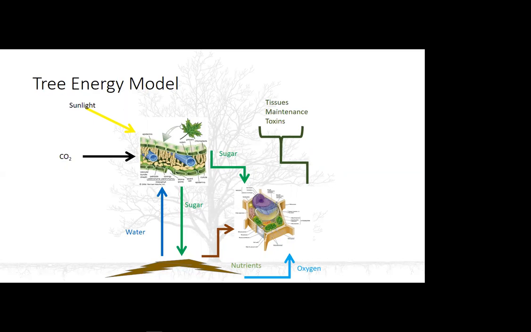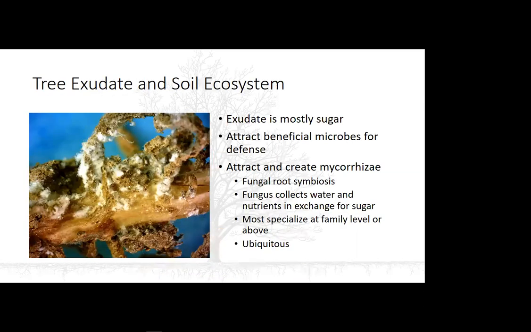There's one other important thing that the tree does with its sugars, and that is create exudate. Exudate is mostly sugar, but there are other chemicals in it, and the purpose of exudate is to attract beneficial microbes.